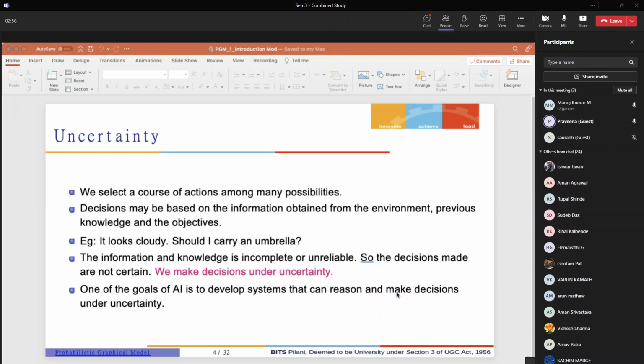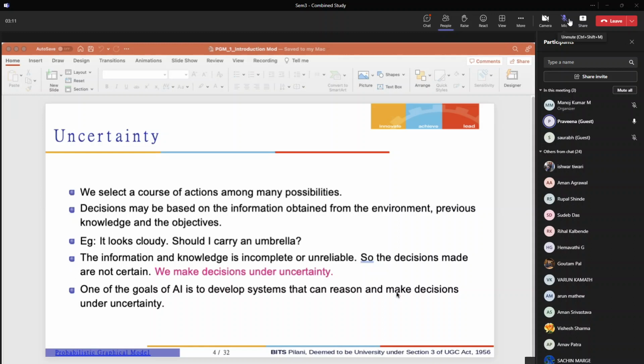PGM basically is whatever the professor said. It deals with uncertainty, and that is the reason why it's called probabilistic.